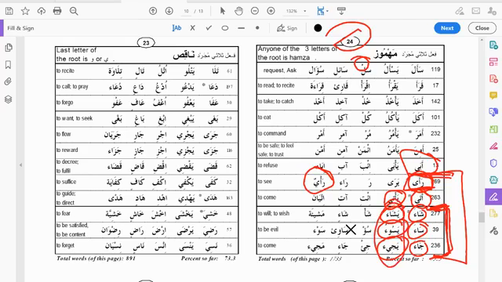So sha'a, yasha', and sa'a, yasu'. You could see that they're very, very irregular. They're not very similar. That's a lot of details to explain why, but the best way, especially for beginners, is to memorize it and at least recognize and notice these patterns.